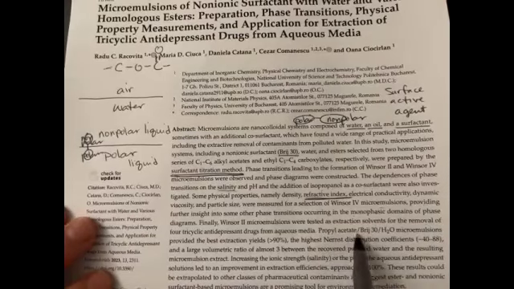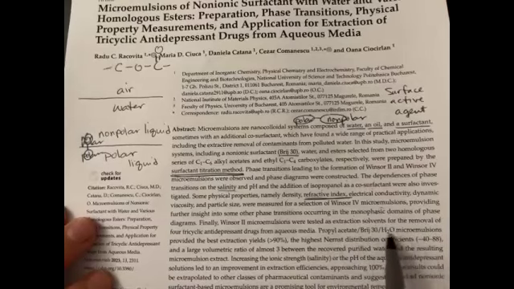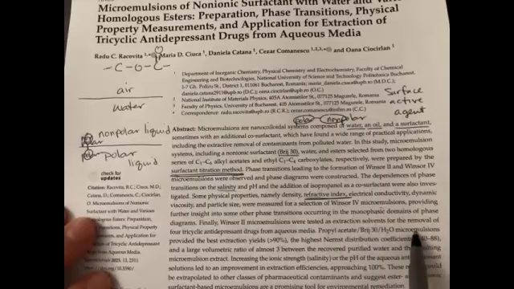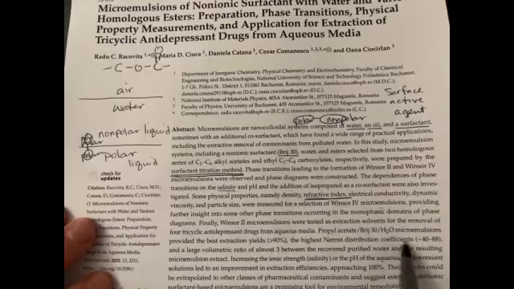Propyl acetate, Brij 30, H2O microemulsion. So H2O is our water. Propyl acetate is our oil, and Brij 30 is our surfactant. So this is a 3-component microemulsion, no co-surfactant. Provided the best extraction yields, greater than 90%, the highest Nernst distribution coefficients.